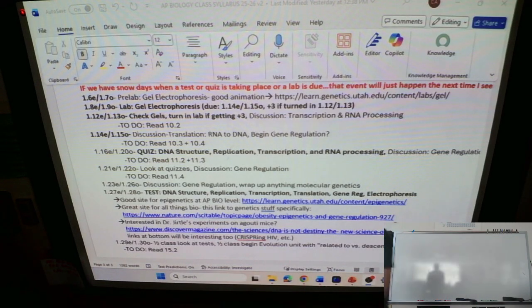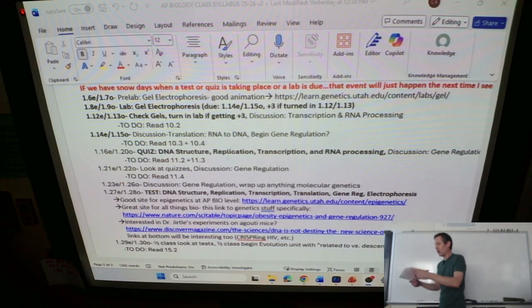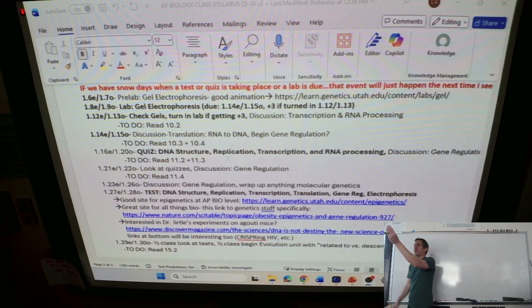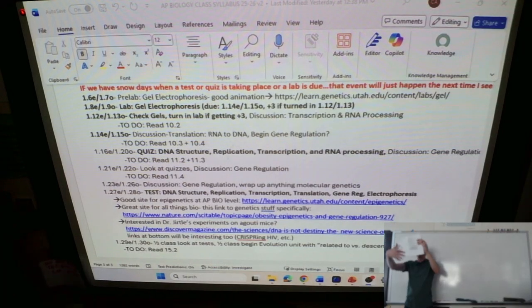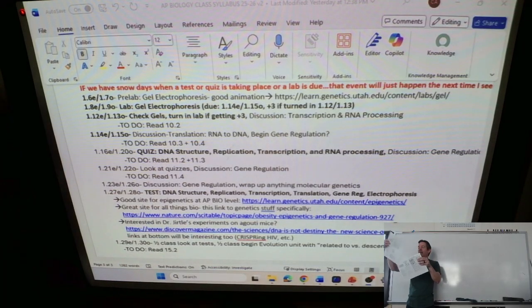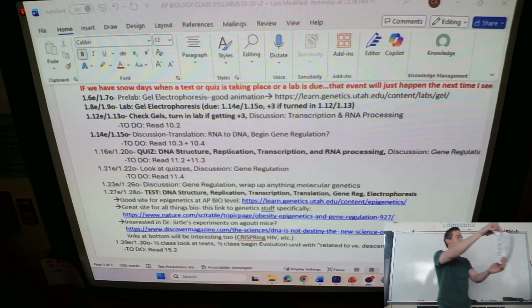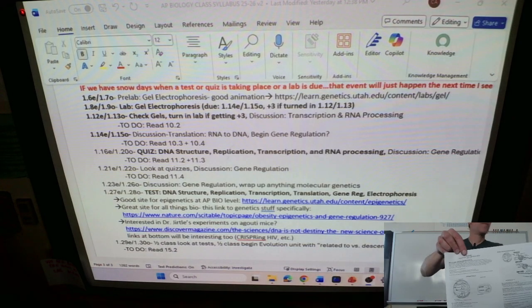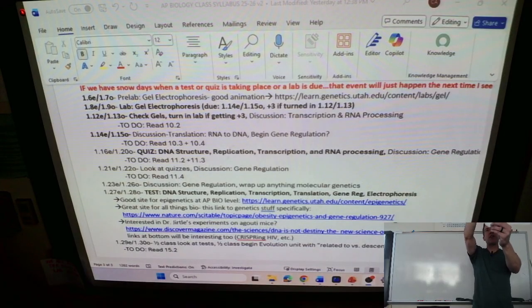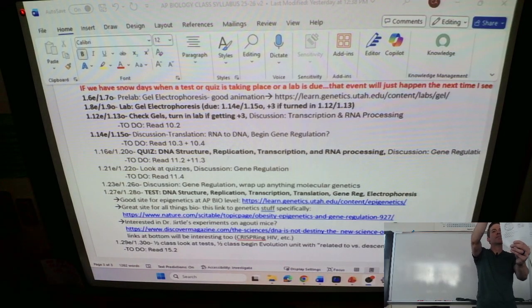If you are following along in your notes, you would be at this page. If you want to follow along, take this physical page of paper and be on the back of it where it says AP Biology, Protein Synthesis, Transcription, and Translation.